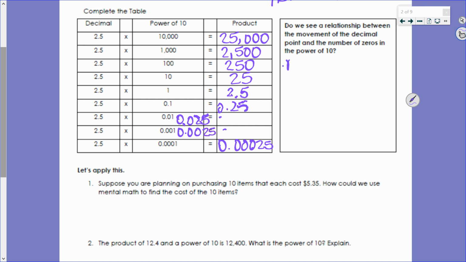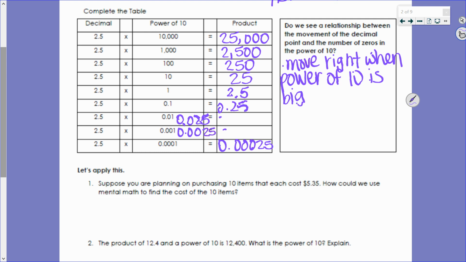Okay, so we move right when the power of 10 is bigger than 1, and we go left when it is less than 1. I like that.